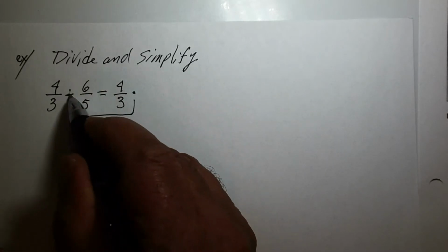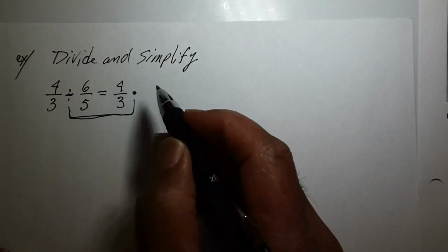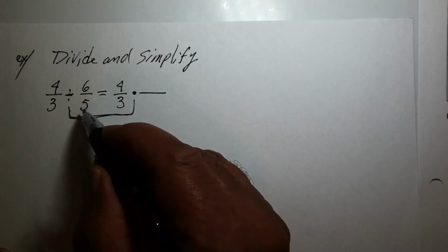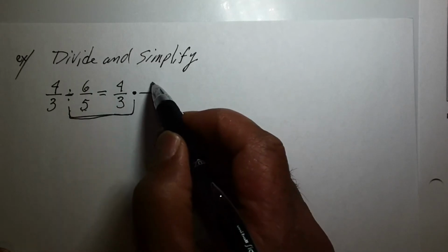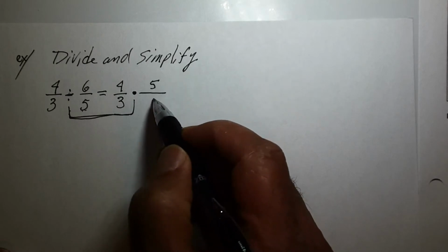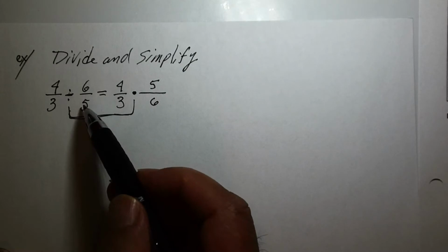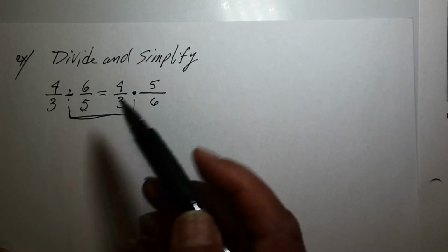We change the division sign to a multiplication sign. And we use the reciprocal of the second fraction, the reciprocal of 6 over 5, 5 over 6. As you know, for the reciprocal of a fraction, the denominator becomes the numerator, and the numerator becomes the denominator.